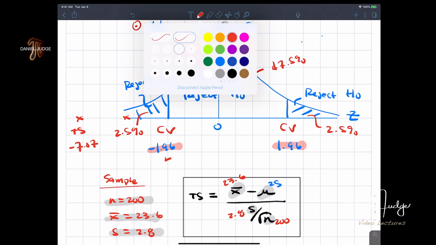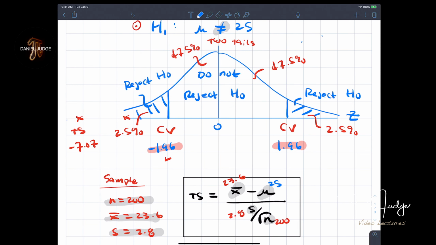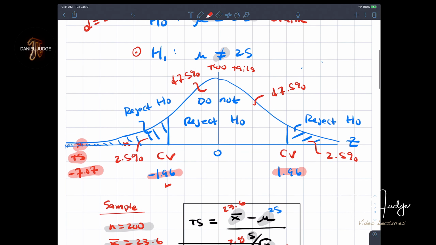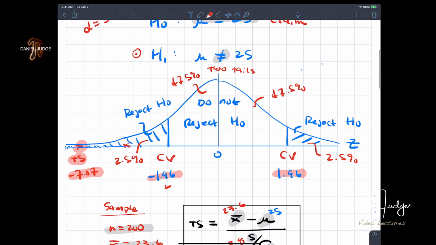And let's try to extend this here just to show you. So your test statistic value is negative 7.07. And here's what I have to say. What region does this number of negative 7.07 live in? This is what you guys want to know.